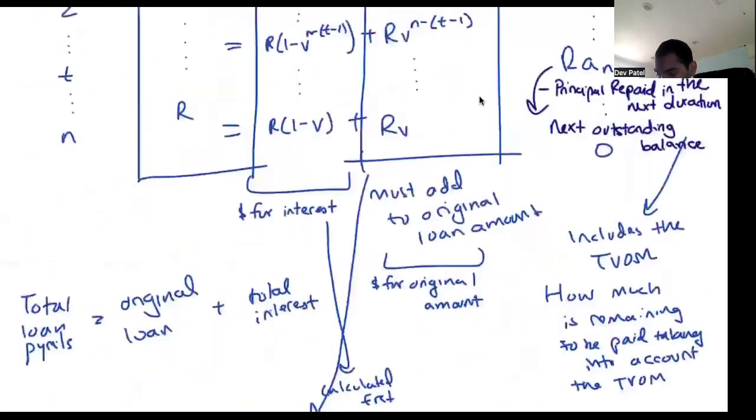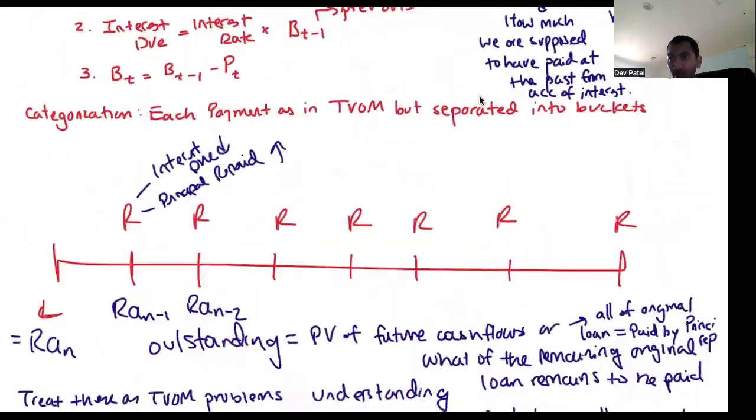That's a fundamental concept we need to understand. You can think of this as an annuity where you're making some sort of payment at each fixed interval. And each of those payments can be broken down into two categories: the amount of payment for the interest due, the interest that you've earned, and the amount of payment for the principal.